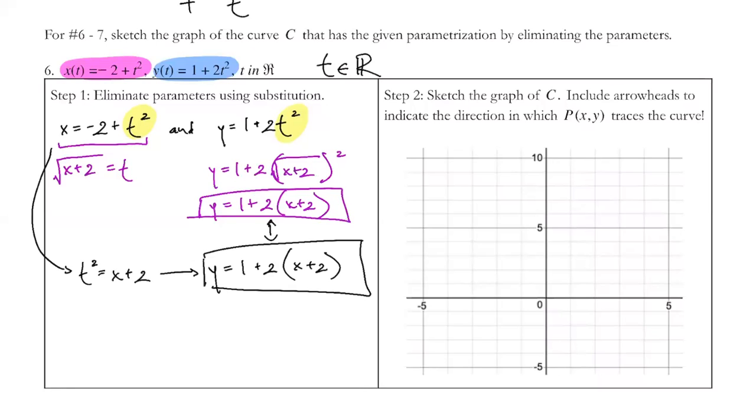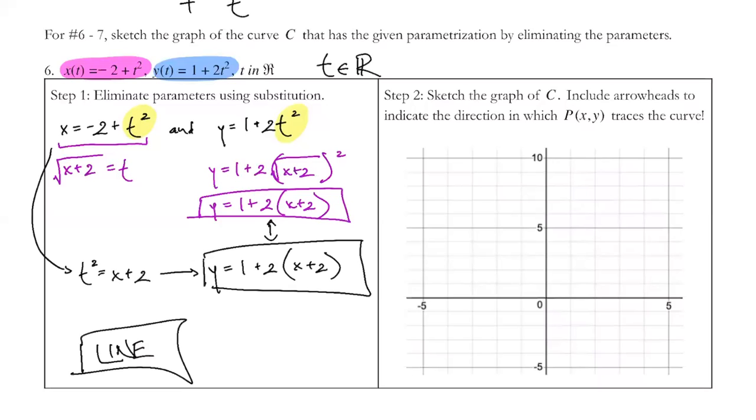So it turns out that one parametric equation is a parabola and the other one is a parabola, but when we combine them to make a rectangular equation, we don't get a curve, we actually get a line.